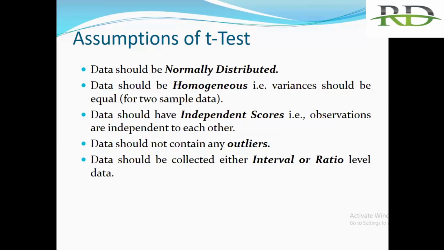Data should not have any outlier, because generally if it is normally distributed, there will be no outlier. And the last assumption is that it should be collected on an interval or ratio scale, which means it should be quantitative in nature, like height and weight, the examples I gave. So normally we perform t-tests on variables which are quantitative in nature.